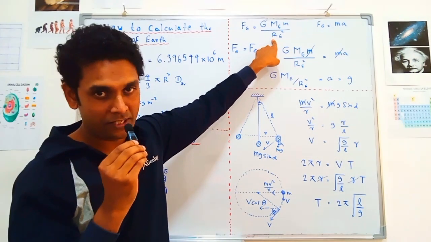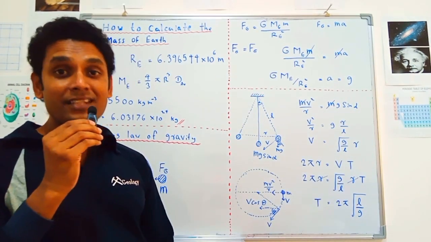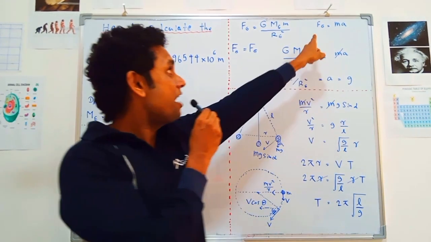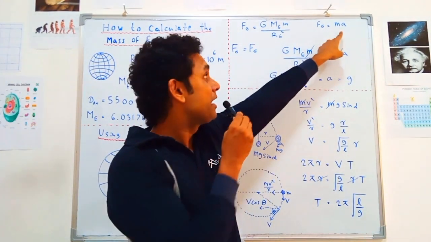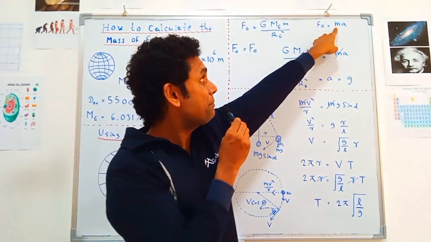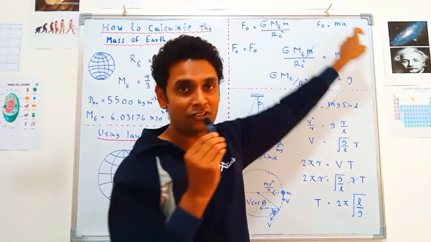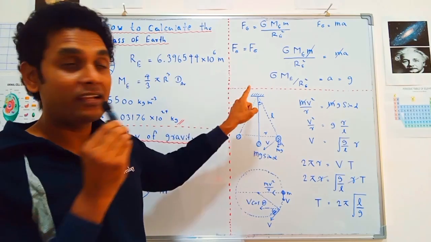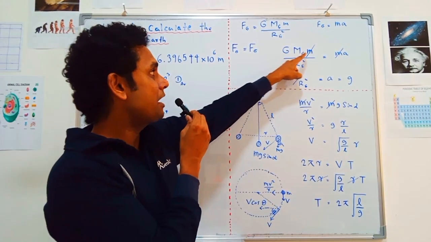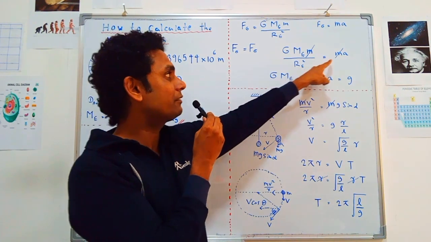Also, according to Newton's second law, F equals ma, where F_g is the gravitational force, m is the mass of the object, and a is the acceleration. So now we can equate the two: G M_E m divided by R_E squared is equal to ma.